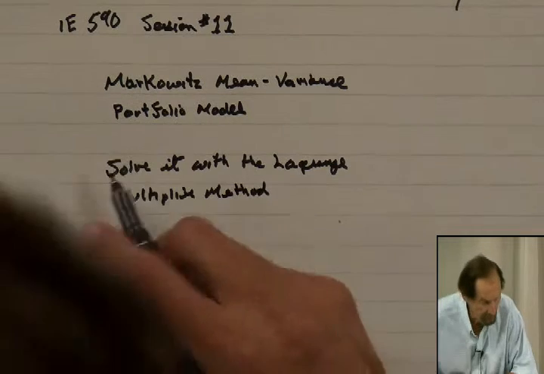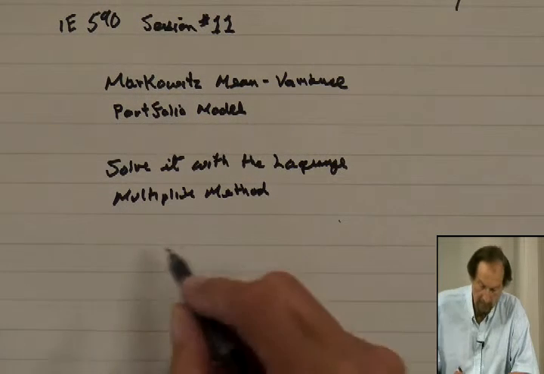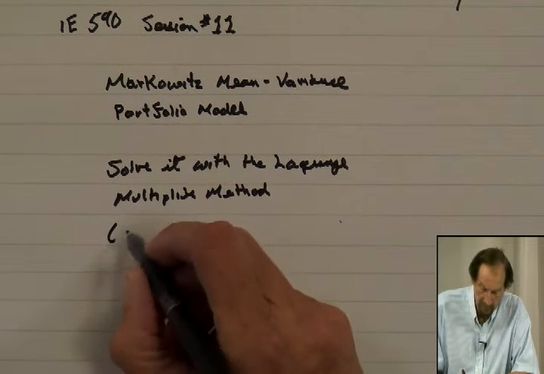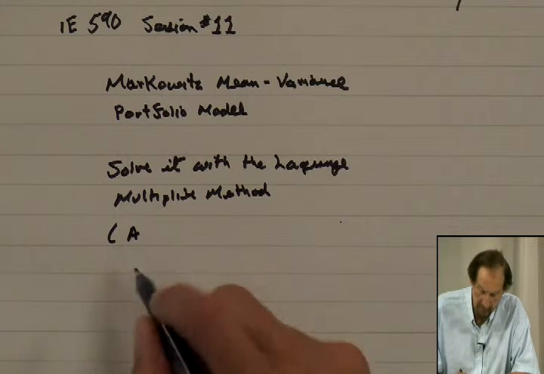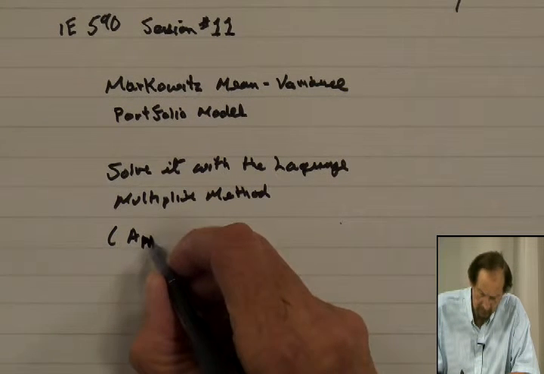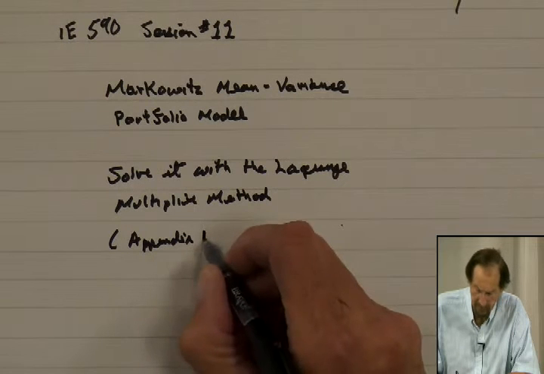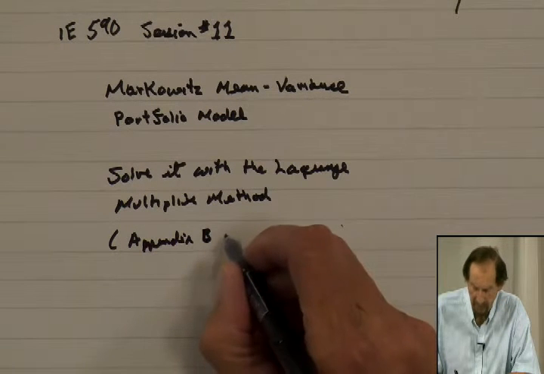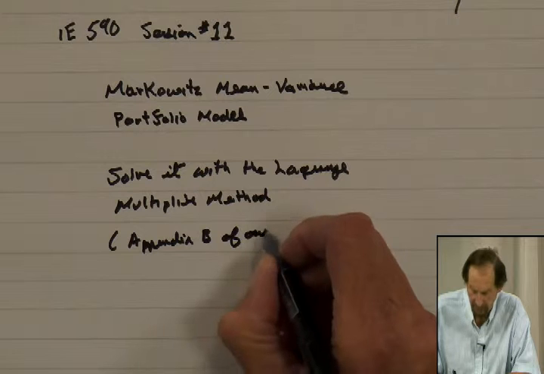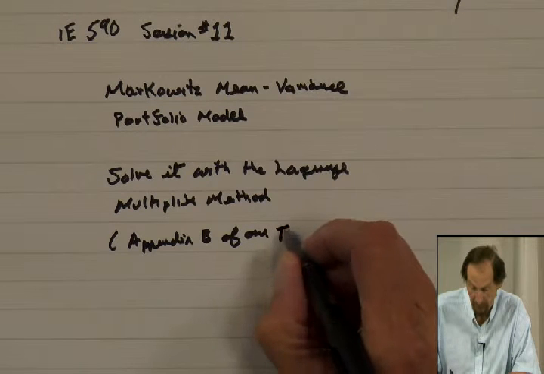And we can see the Lagrange multiplier method can be found in Appendix B of our text in the back.